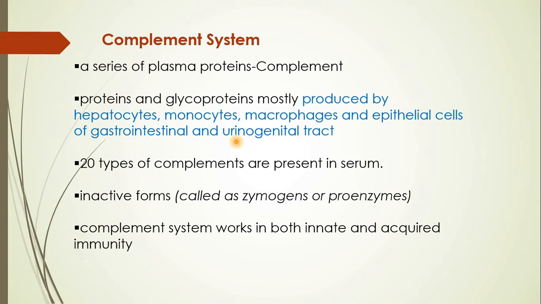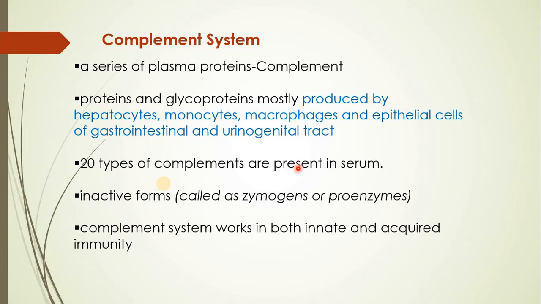Now, these different cells which I just talked about are responsible for synthesizing nearly 20 different types of complements, and these are all secreted or present in the serum. Serum is the fluid component of the blood. You all know this.